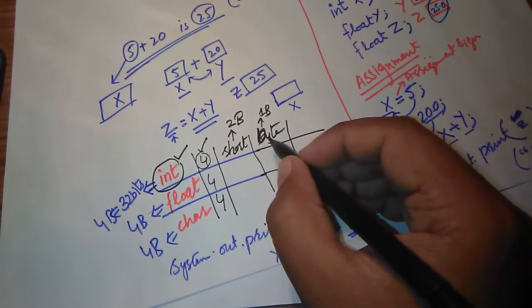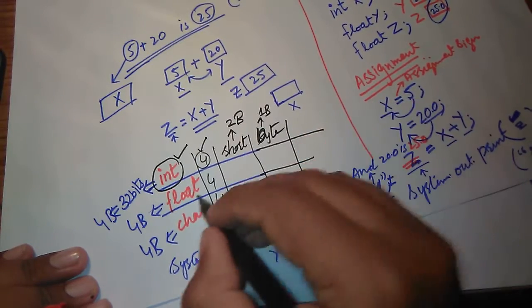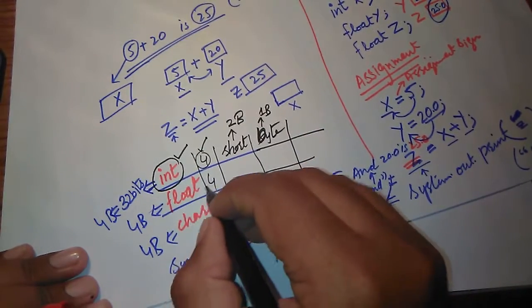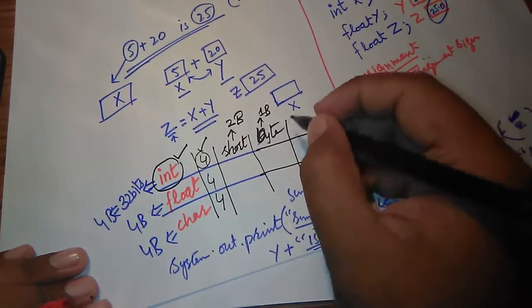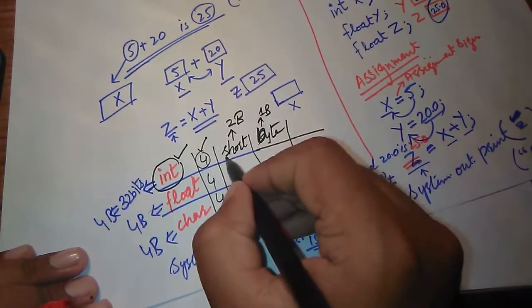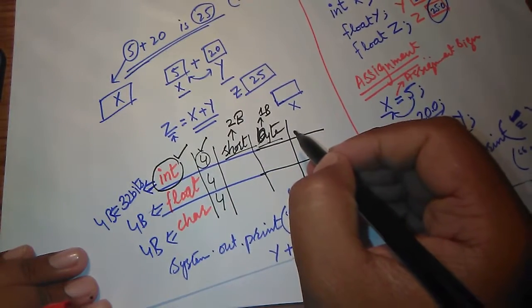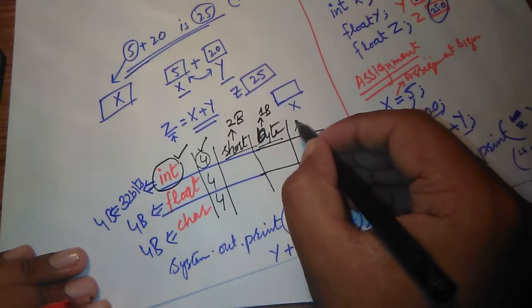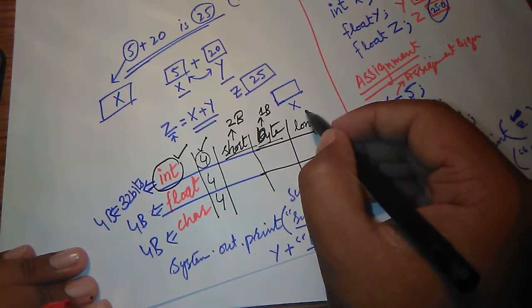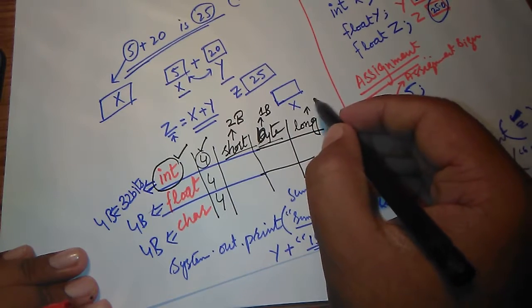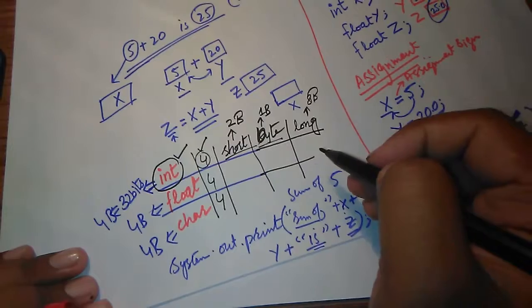So I can write here, and I want to discuss, okay, this has 2 bytes, this has 1 byte, and here is long, and this has 8 bytes.